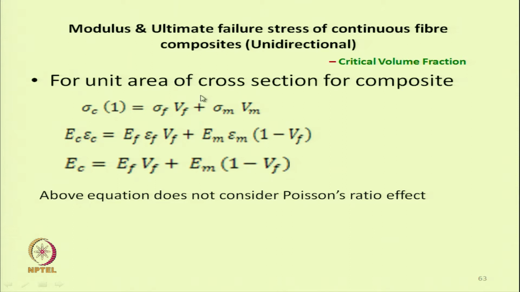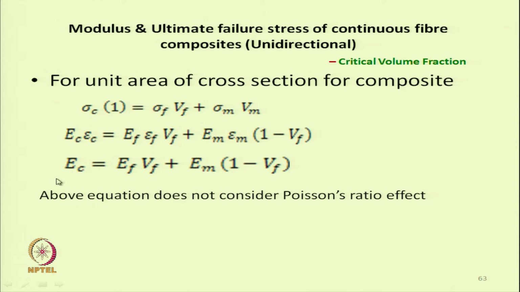If the volume fraction of the fiber is V f and volume fraction of matrix is V m, the equation is: the stress in composite equals stress in fiber multiplied by volume fraction of fiber plus stress in matrix multiplied by volume fraction of matrix.